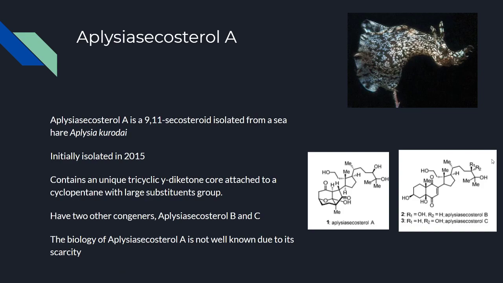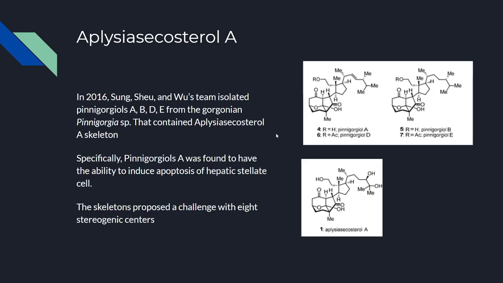Unfortunately, the biology of Aplysiasecosterol A is not well known due to the scarcity of the compound. However, in 2016, Sung, Xu, and Wu's team isolated Penigorgiols A, B, D, and E from the Gorgonian Pennatula species that contained the Aplysiasecosterol A skeleton.